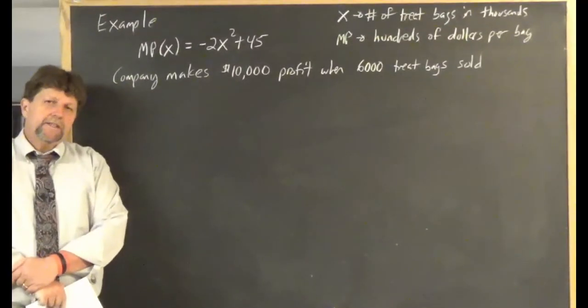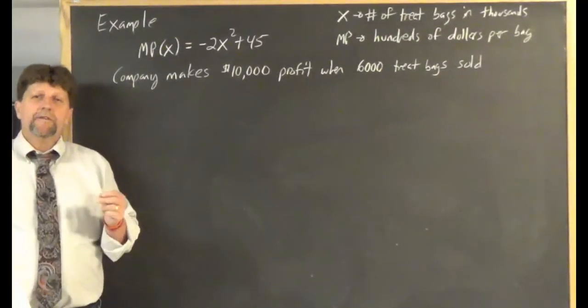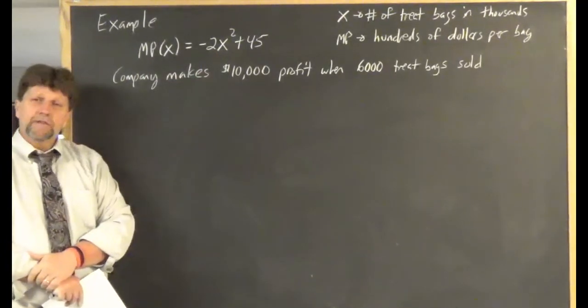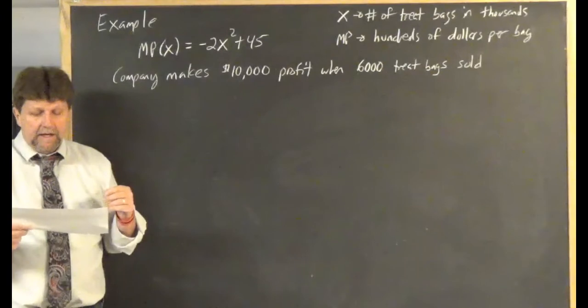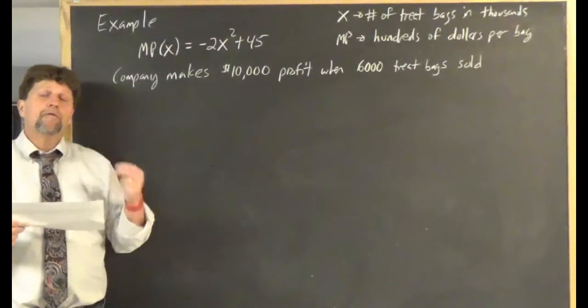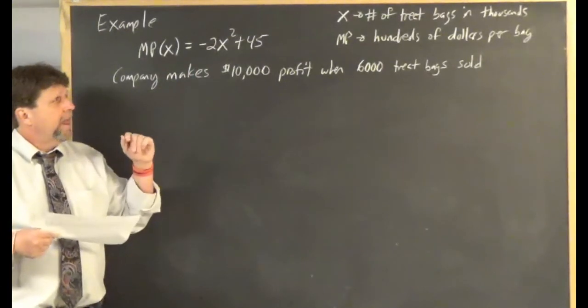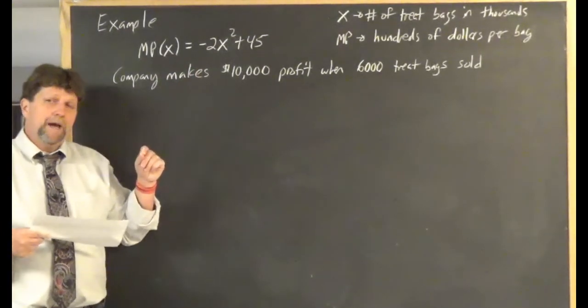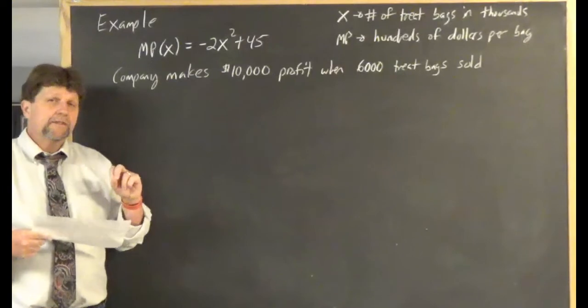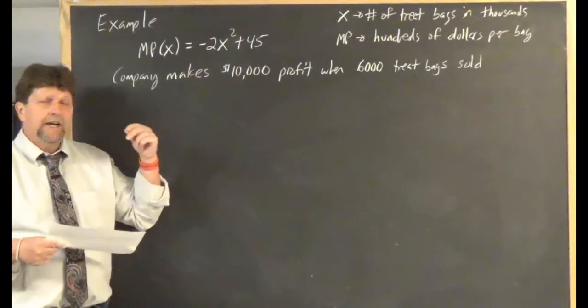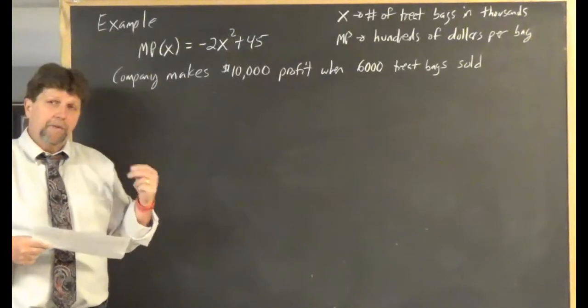All right, folks, here in this example, we were given a marginal profit function. The marginal profit function was negative 2x squared plus 45, and we were asked to recover the profit function. I wrote up here, x represented the number of treat bags in thousands, and MP, the marginal profit, was in hundreds of dollars per bag.